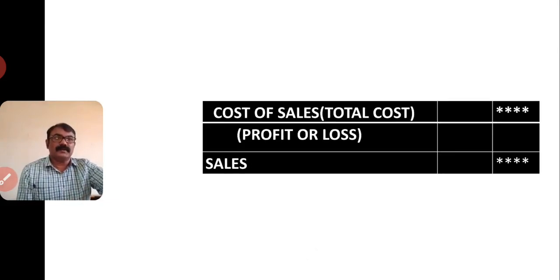Adding these to the cost of production, we get the cost of sales. It is called the total cost. In the problem, we will give the sales. By the difference of total cost and sales, we come to know the profit or loss of that particular industry.